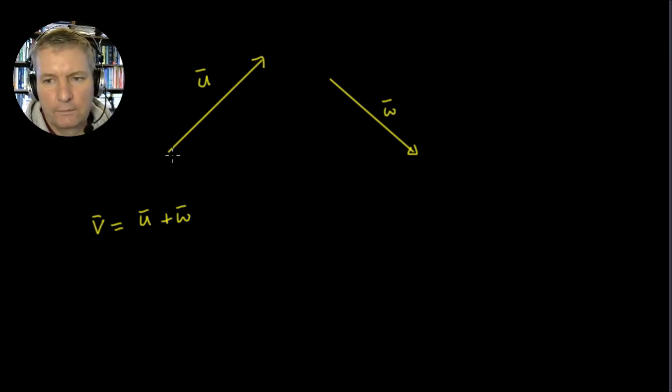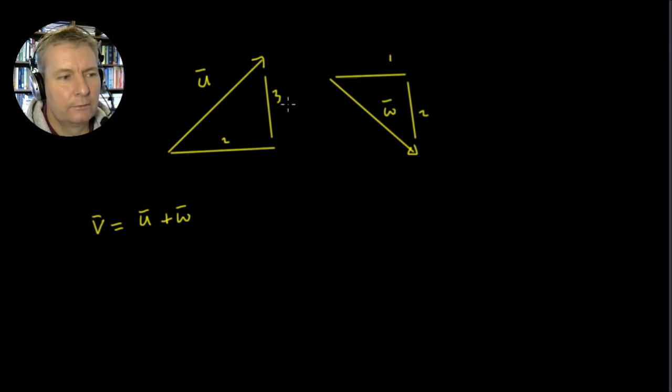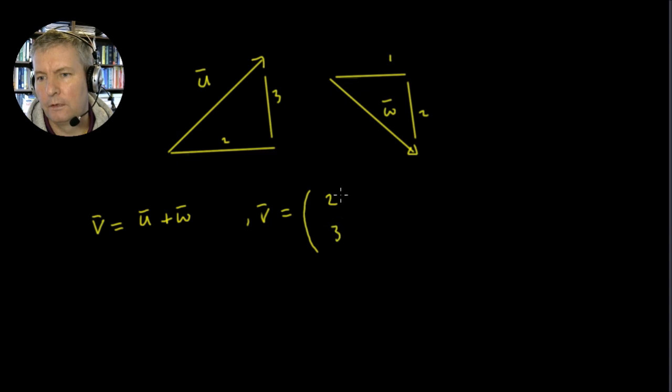Now let's say, for instance, we're also told that the distance along here is going to be a distance of 2, and we go up 3, and say in this vector here we go along 1 and we go down 2. So we could write these two vectors in their component form. The vector u in component form is (2, 3), and the vector w in component form is (1, -2).